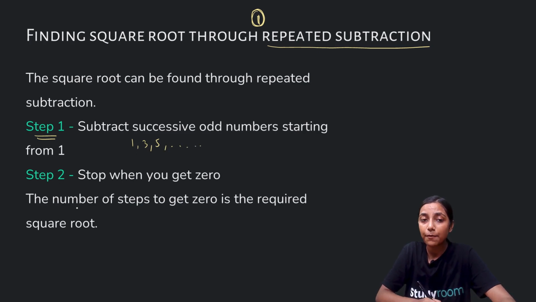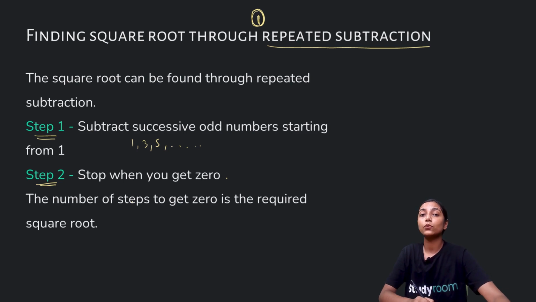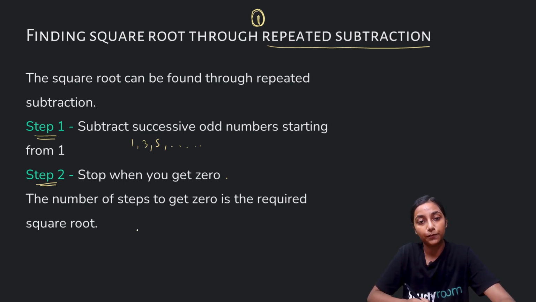What is the second step? Stop when you get 0. So we do this subtraction till we get the answer 0. When we get 0, we stop. What's written at the end is that the number of steps to get 0 is the required square root.